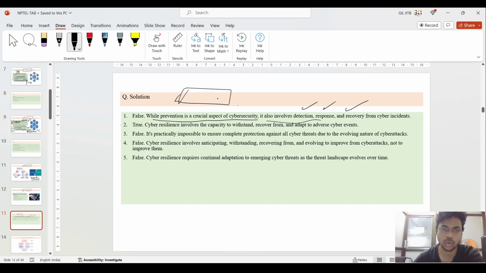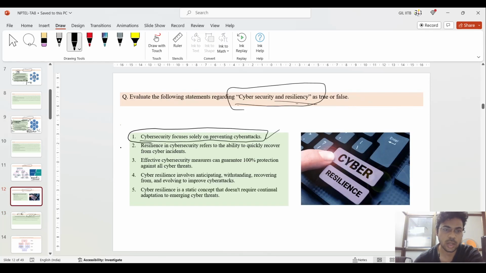Mainly, the cybersecurity issue is that you have a physical system which is robust, but the malware which comes is non-detectable by this cyber physical system, which is very prone to this situation. So detection, response, and recovery are all involved in cyber incidents. So the first statement is false.